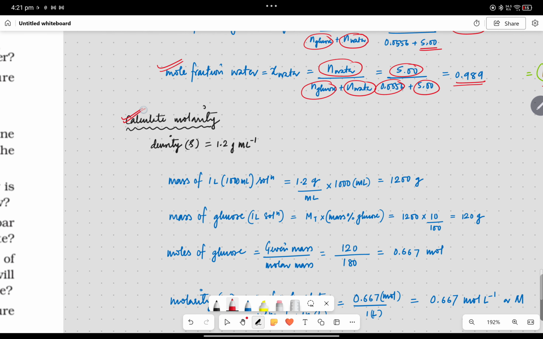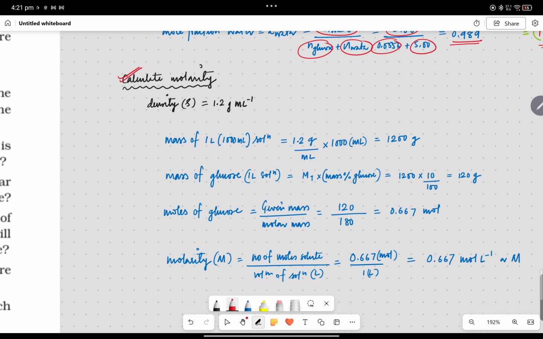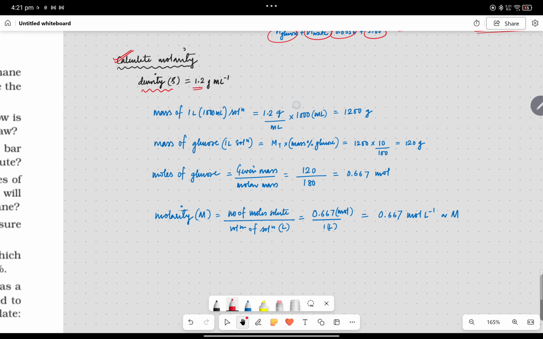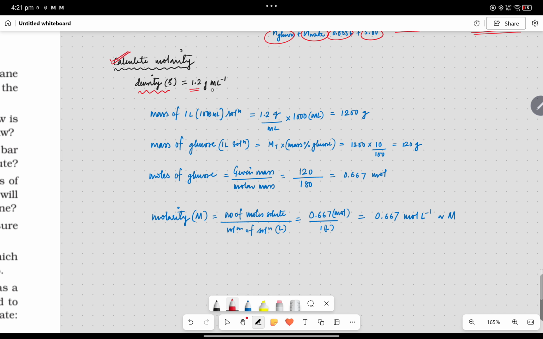So coming to the third part, that is to calculate molarity. For molarity questions, this type of question will always give you the density, 1.2 gram per ml, right? So from density you have to calculate the weight of this solute in a liter.